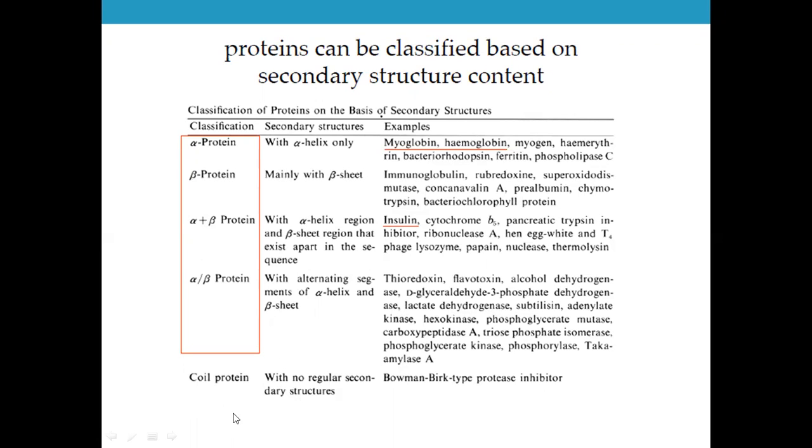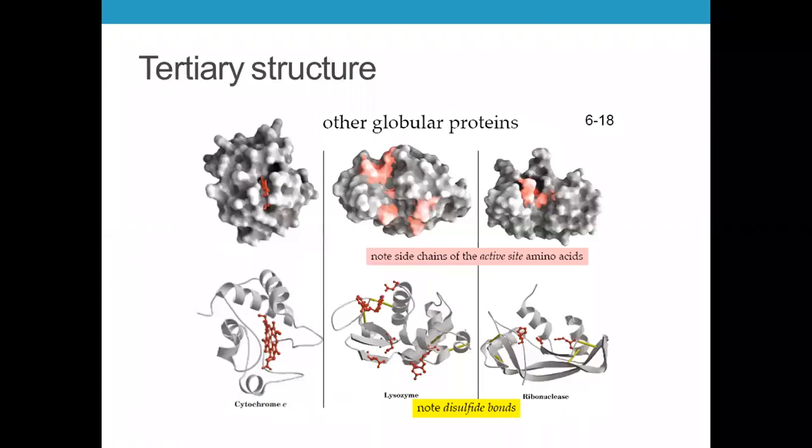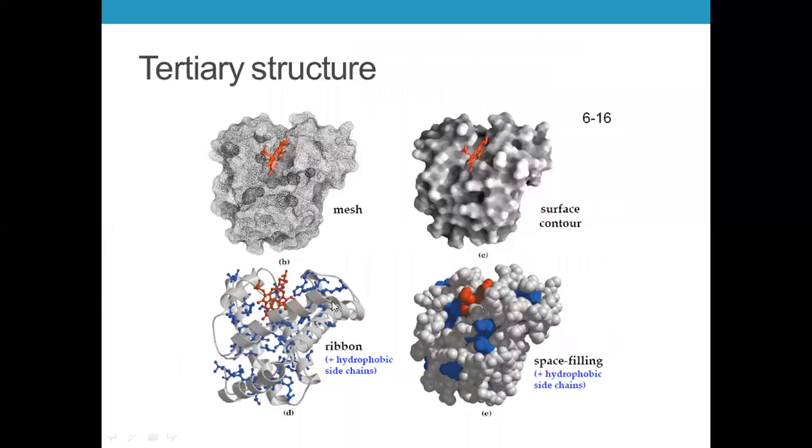Okay. So coil protein, if you have no regular secondary structures, no alpha or beta, coils, you see in the initial structure. So what you see in the tertiary structure, again, secondary and tertiary are closely related to each other, but in the tertiary, we are looking at the long range, as I mentioned earlier.